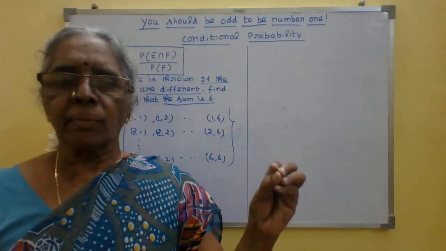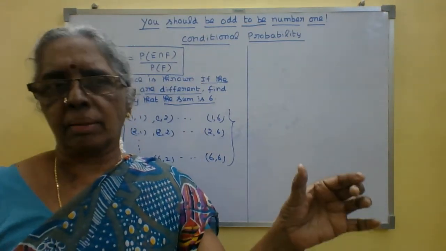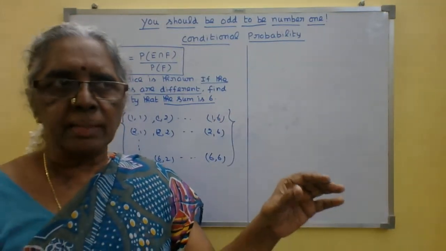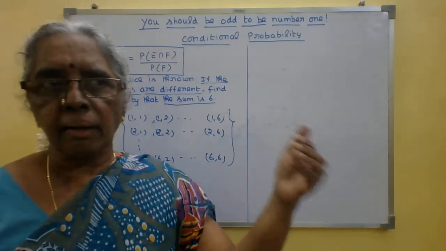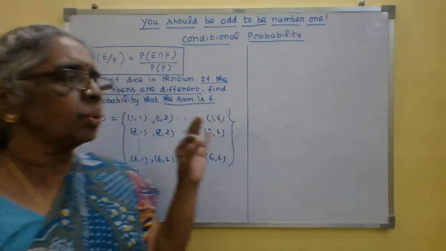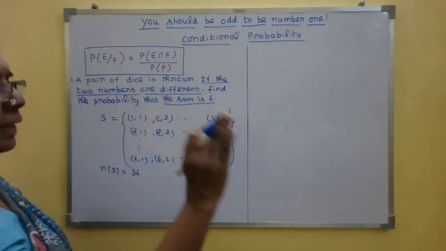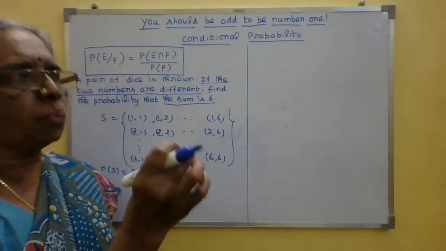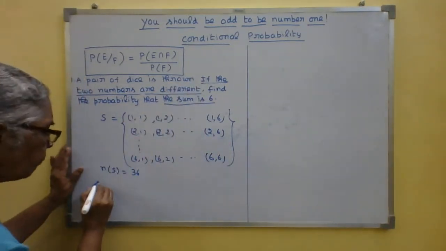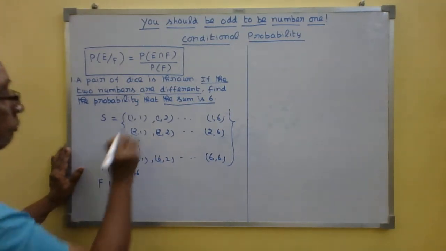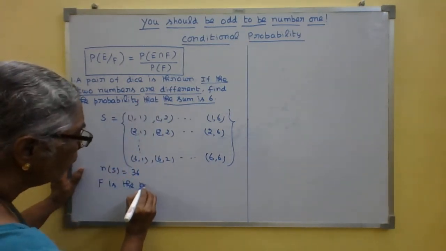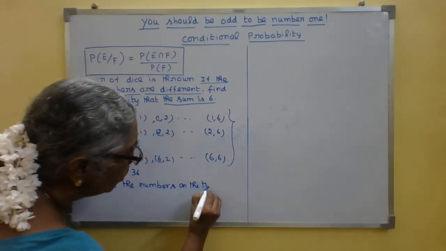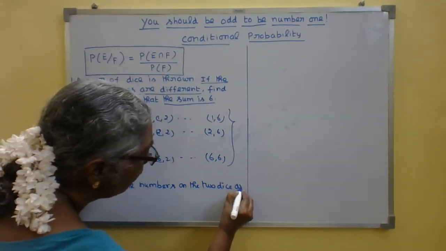So what they have asked to find is the event E. And what they have given, where maybe the word "if" or "given that" is there, or it has already occurred, that is your F. So first identify in a given sum what is the experiment, what is the sample space, what is E and what is F. So here I will write F is the numbers on the two dice are different.